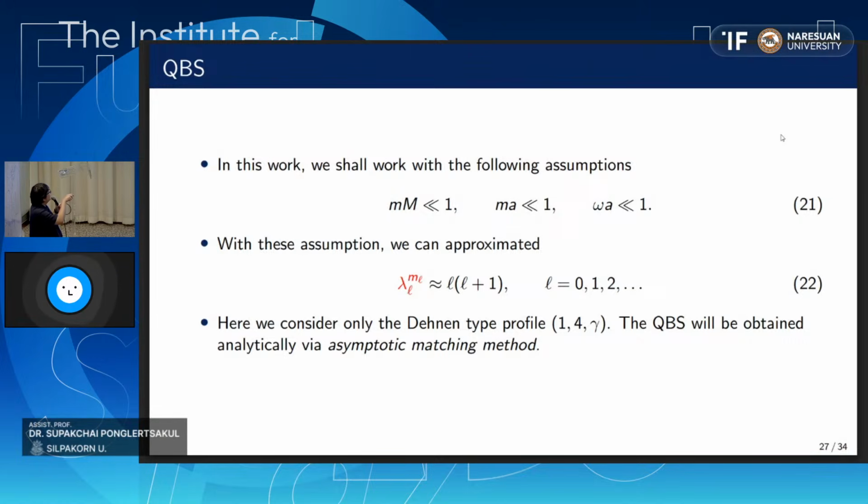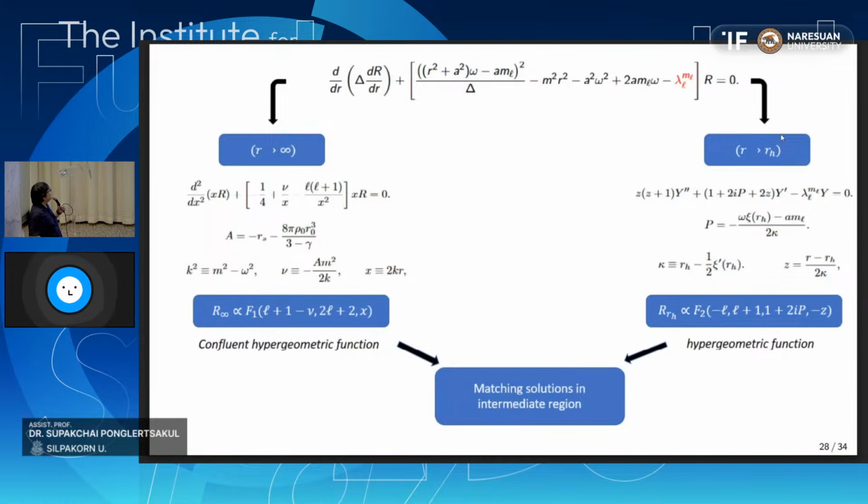And we're going to solve for the quasi-bound state frequency by the analytic method called the asymptotic matching method, where we start off with the radial wave equation. We consider the radial wave equation in the very large r limit and very near the horizon, and it turns out that we can obtain a useful radial wave equation at each side.